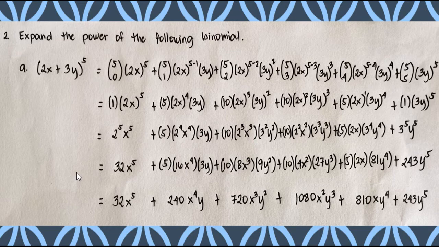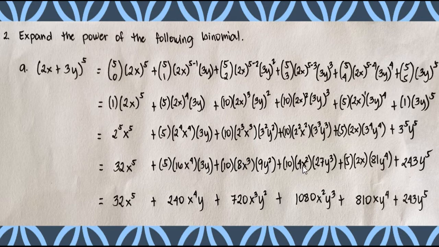So, atong i-multiply ang atong numerical coefficients. So, copy na. 5 times 16 times 3, morning na atong 240. Then, ang atong variables, ang literal coefficient, x to the power of 4 y. Plus, 10 times 8 times 9, that is 720, x cubed, y squared.